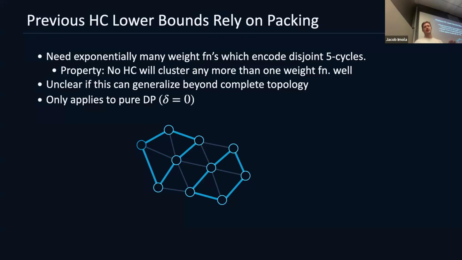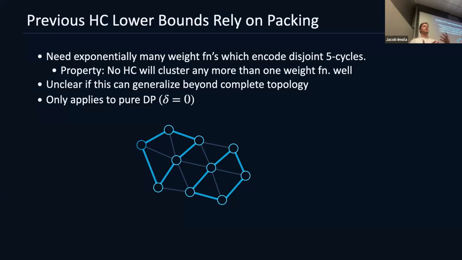You basically need exponentially many weight functions, which are going to encode disjoint 5-cycles. That's going to be your hard family of weights. And you need an additional property that no hierarchical clustering tree will cluster more than one weight function well.